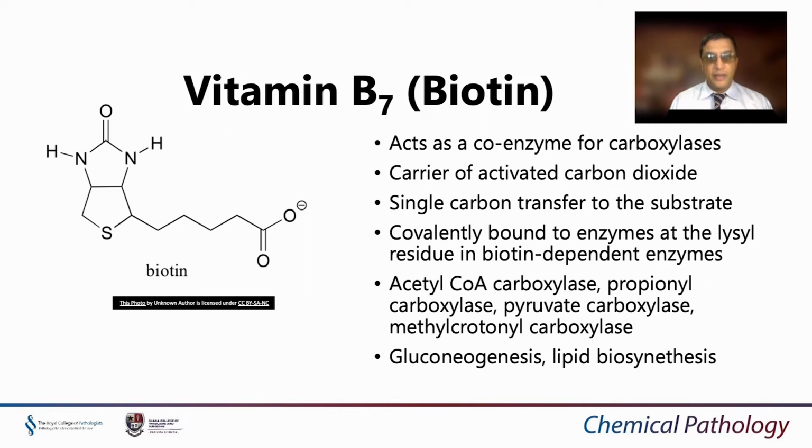Carboxylases that require B7 are acetyl-CoA carboxylase, propionyl carboxylase, pyruvate carboxylase, and methylcrotonyl carboxylase. For example, B7 is important in gluconeogenesis and lipid biosynthesis via pyruvate to oxaloacetate formation and acetyl-CoA to malonyl-CoA, respectively.